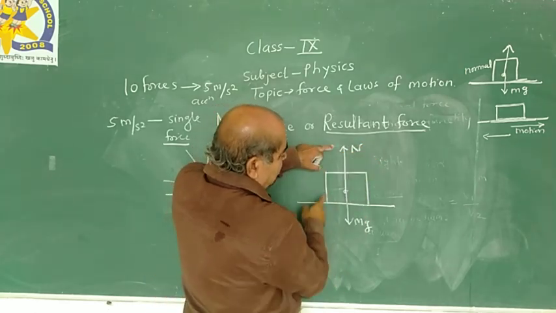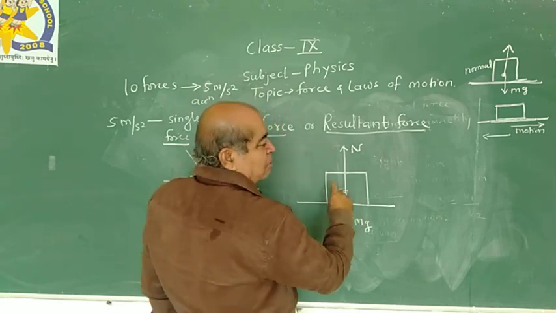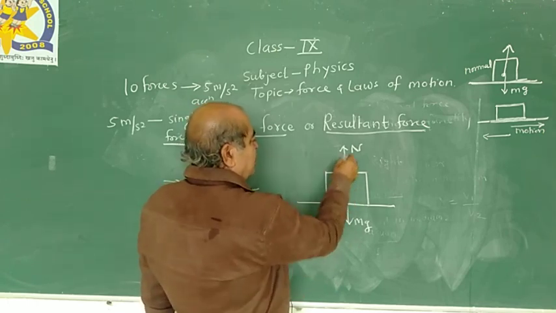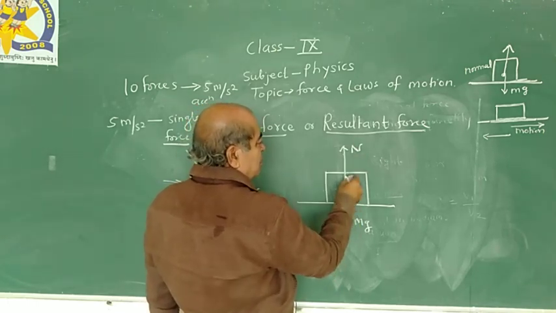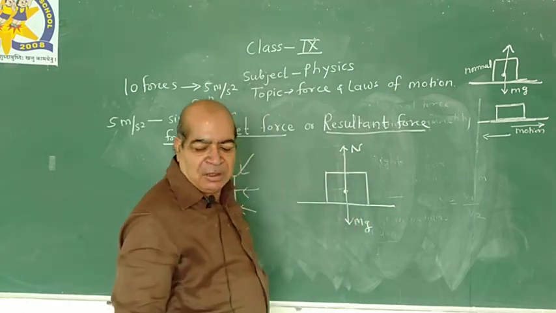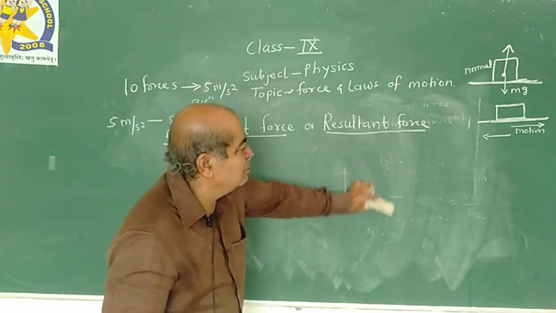If the normal force is equal to mg, then the resultant force is equal to 0, because they are equal and opposite. N is equal to mg, hence the resultant force, or the net force acting on the object, is equal to 0.